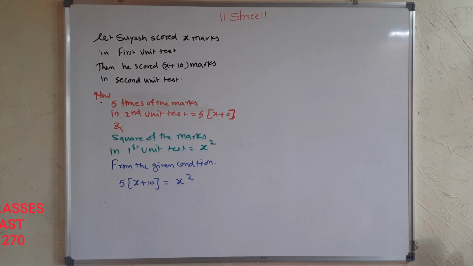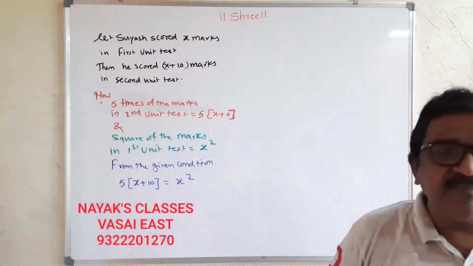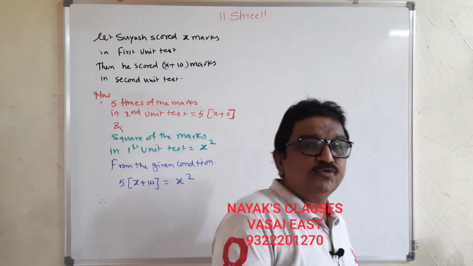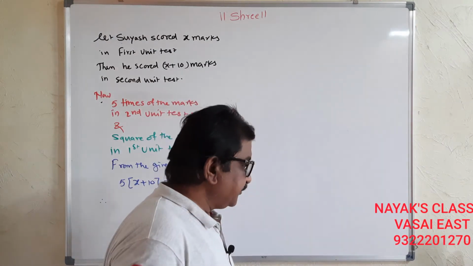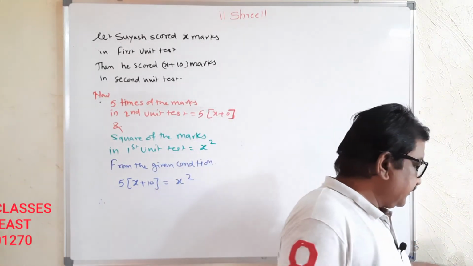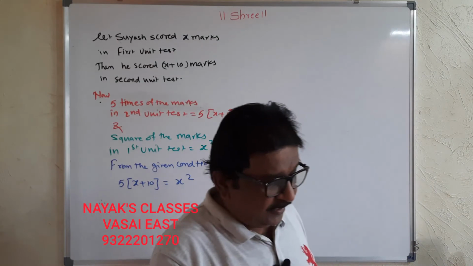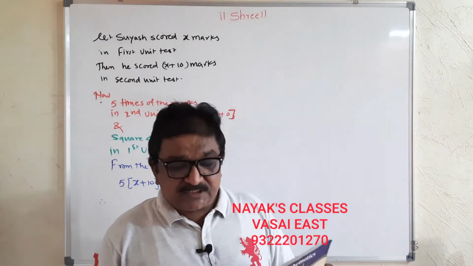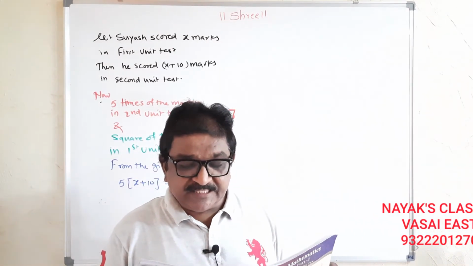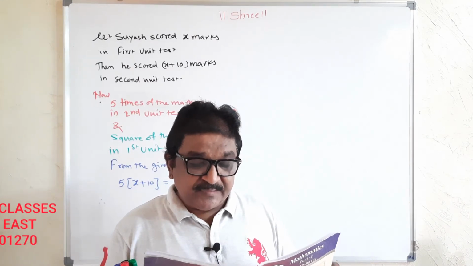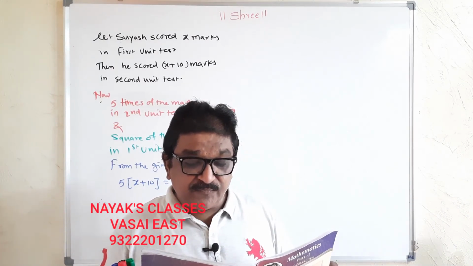Now, the next example is regarding the marks scored by one student called Suyesh. They say in the example that Suyesh scored 10 marks more in the second unit test than that in the first unit test.